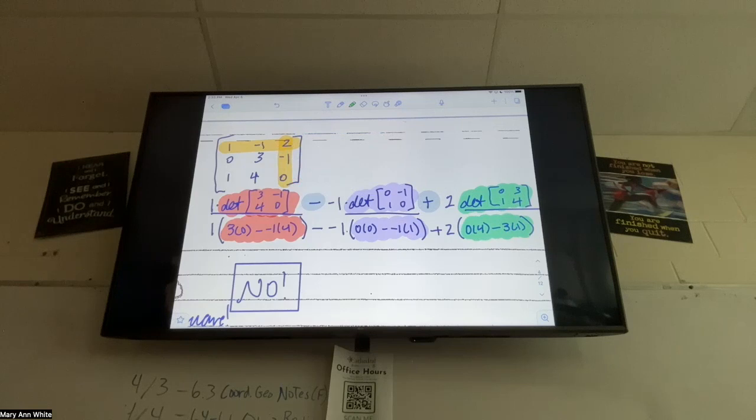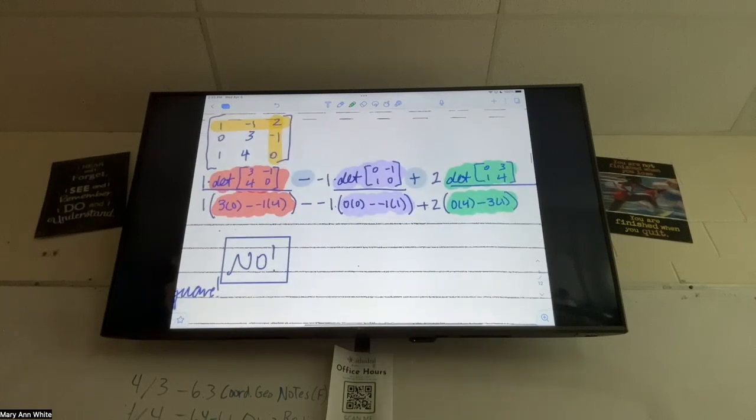All right, now I'm going to simplify all my inside little math problems, okay? I'm going to do 3 times 0, which is 0. So I've got 1 times 3 -1 times 4 is -4, but that becomes a plus. Oh wait, why did I say 0 times 3 was 3? That was silly. 0 times 3 is 0. And then plus 4. I'm going to make that minus a negative a big plus as well. So +1, 0.